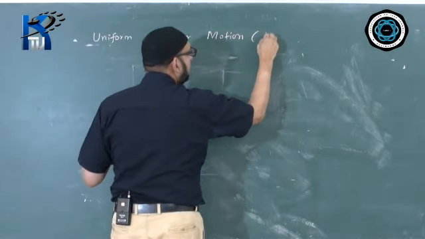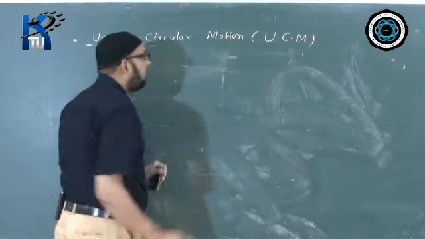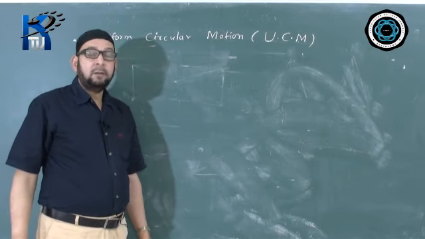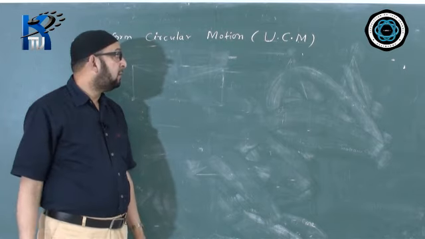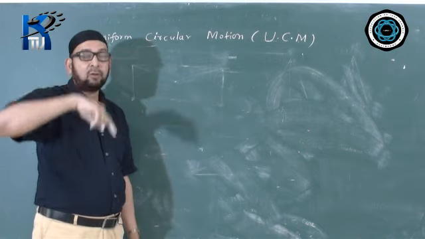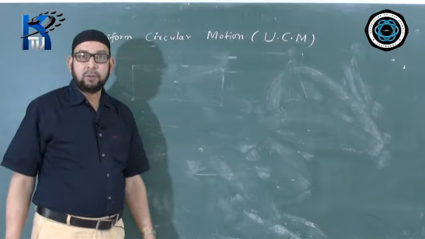In short, we call it UCM. Full form is uniform circular motion. Uniform is constant. When a body moves with a constant speed along a circular path, such a motion is said to be uniform circular motion.